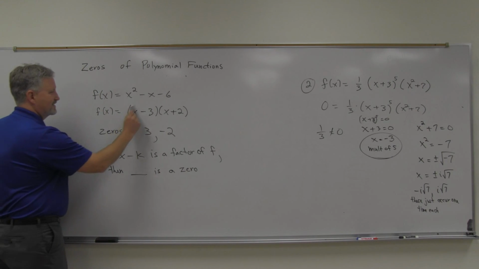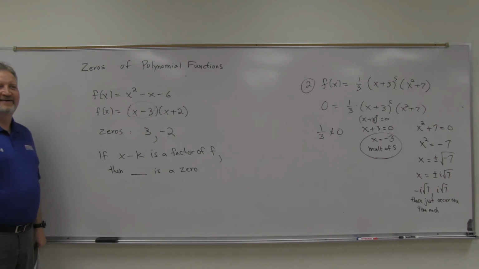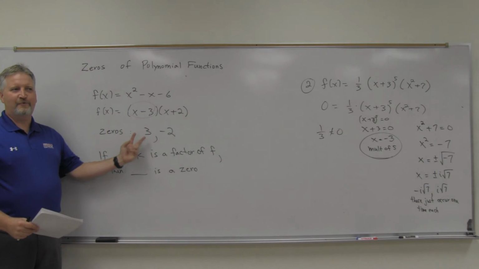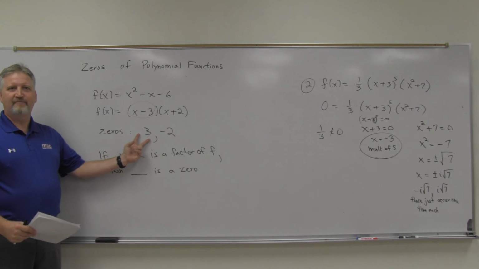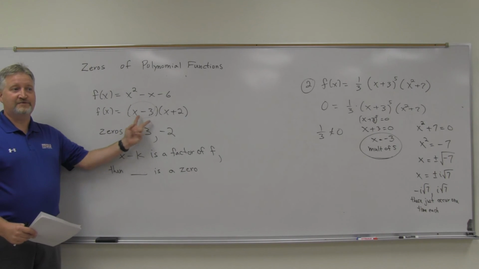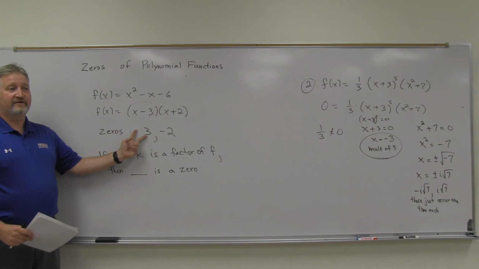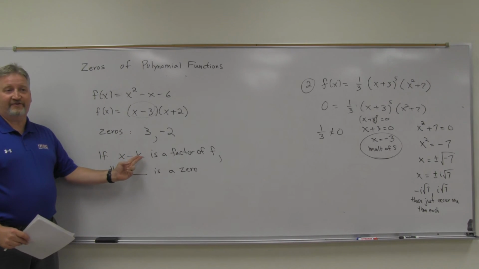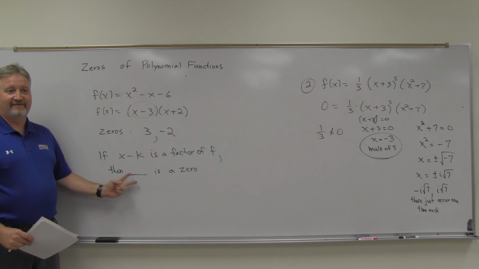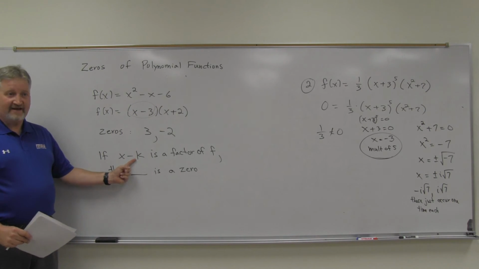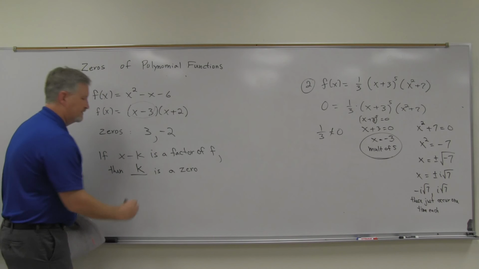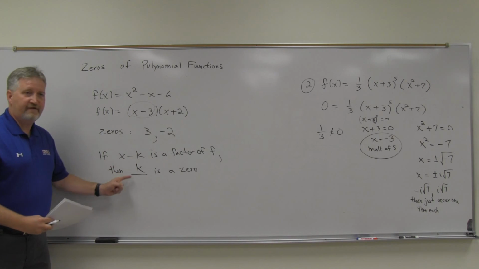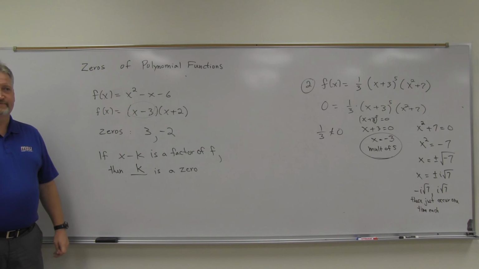Well, here's an example. So we've got x minus 3 is a factor, and what was the 0? Positive 3. x minus 3 was a factor, 3 is a 0. So if x minus k is a factor, what's a 0? k. Yeah? x minus k is a factor, k is a 0.